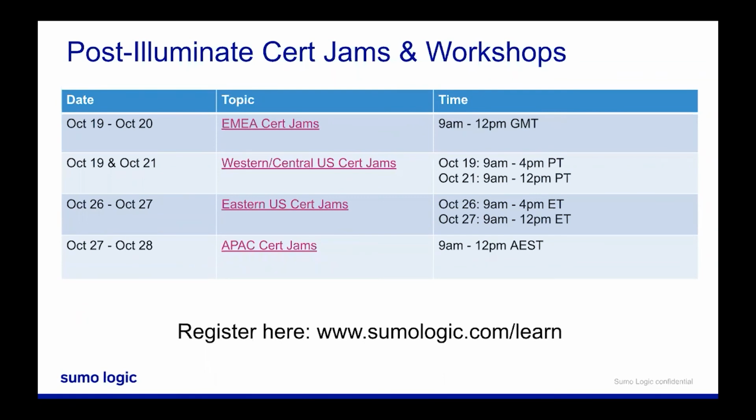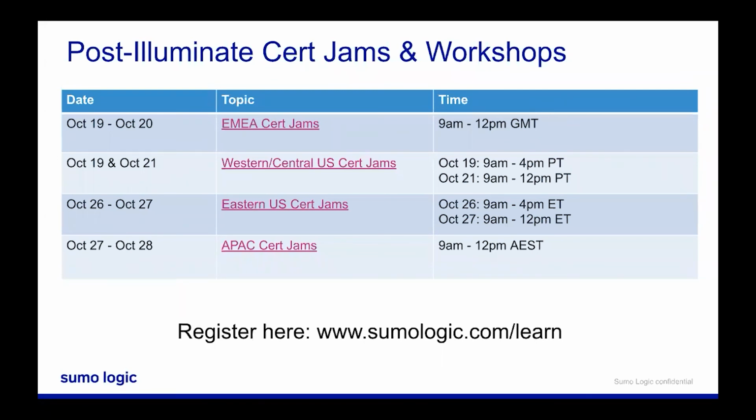Now these cert jams, typically within 2 days, we wind up teaching 2 classes each day, total of 3 classes in a workshop, or maybe 4 classes. 2 classes per day, though, no more than 4 classes. So we'll try to cover as much material here as we can. And then also, we've got self-paced courses that you can take advantage of.